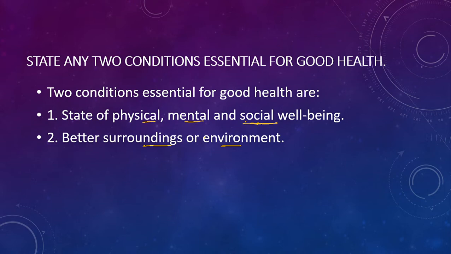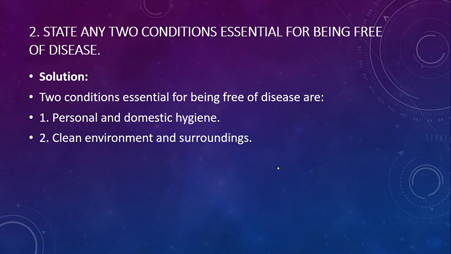Now coming to: state any two conditions essential for being free of disease. When we talk about being free of disease, see, there are two terms. One is healthy, and another is disease free.